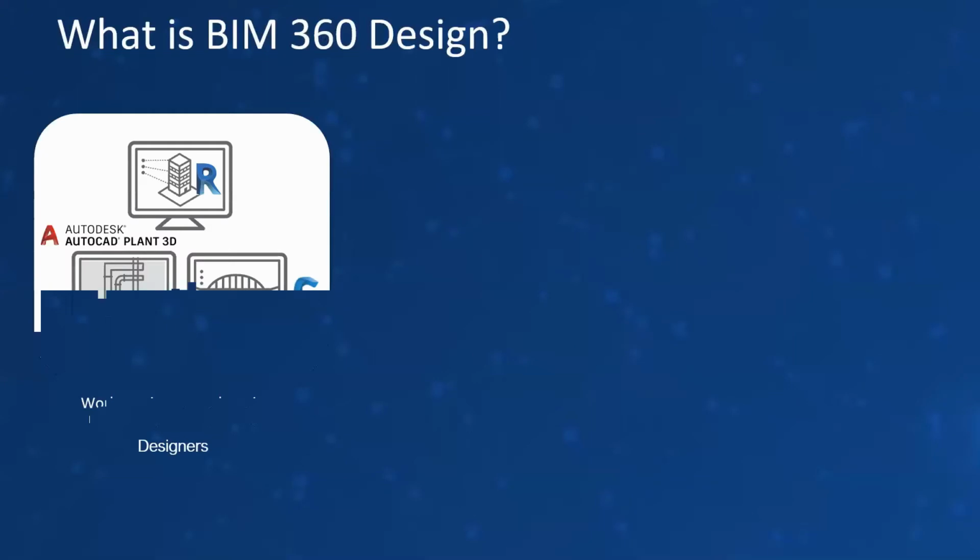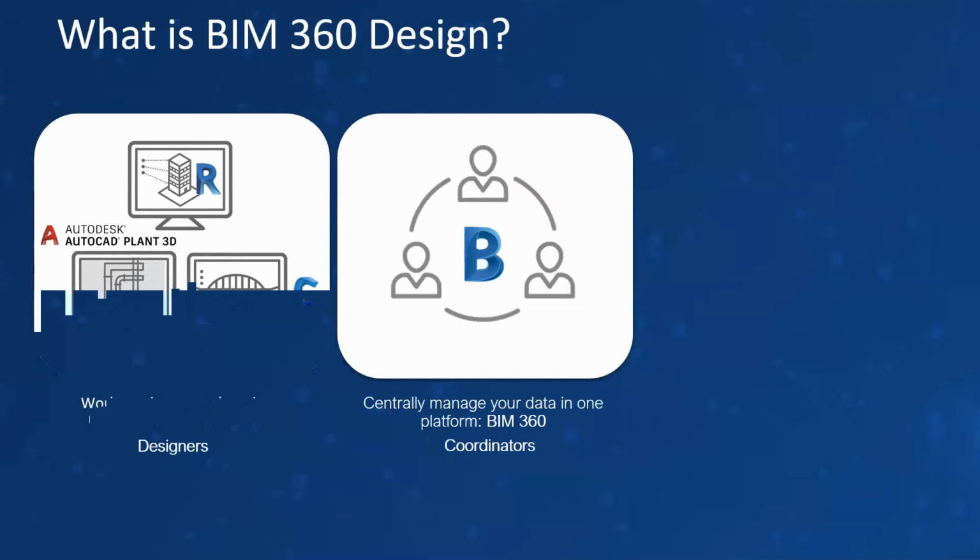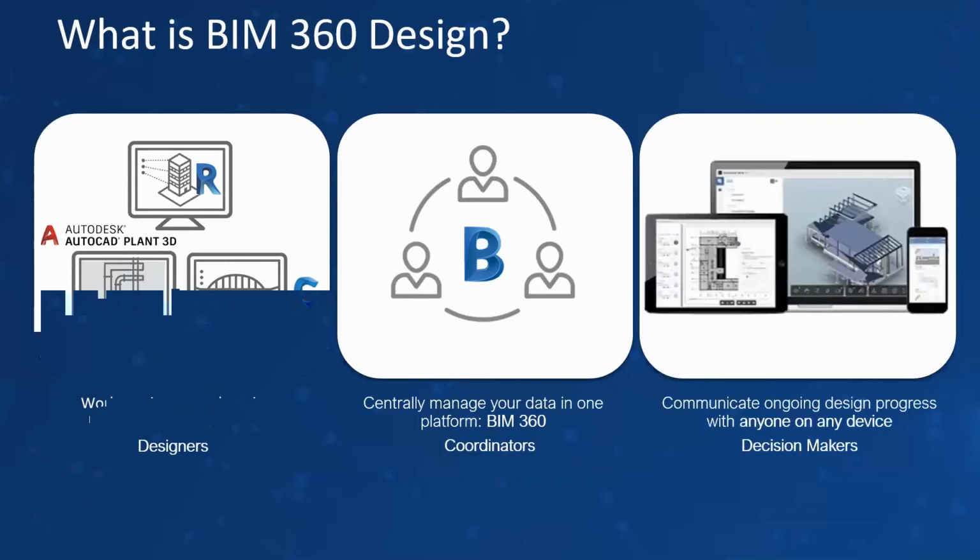With BIM 360 Design, you can work anytime, anywhere in Revit, Civil 3D, and Plant 3D. This is for the designers. You can centrally manage your data in one platform, which is BIM 360. This is for coordinators. And also, you can communicate ongoing design progress with anyone on any device. This is for the decision makers.